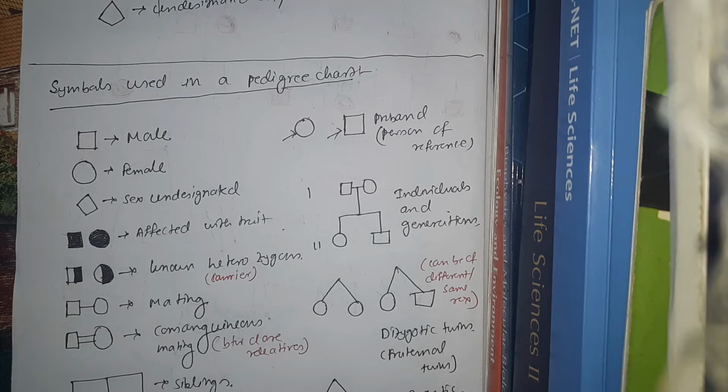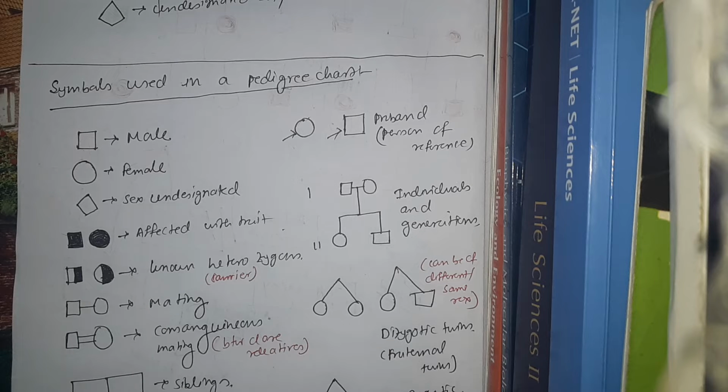So today we are going to talk about some symbols that you need to know before I teach you some basic rules to determine whether a pedigree chart that is given to you is autosomal dominant, autosomal recessive, X-linked dominant, X-linked recessive, Y-linked, or maternal type.